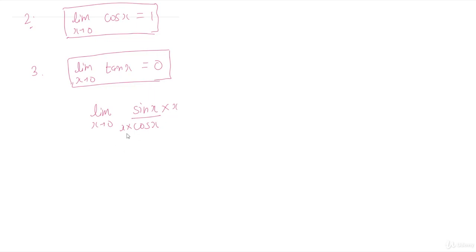And this thing, that is limit x approaches 0 of sin x by x, is nothing but 1, according to the first identity. So we can write this as 1 into limit x approaches 0. By the algebra of limits, we can write it as 1 multiplied by limit x approaches 0 of x by cos x. Right.